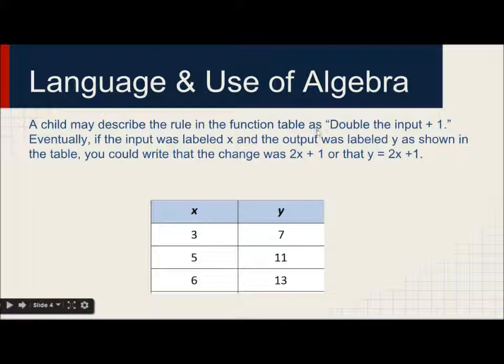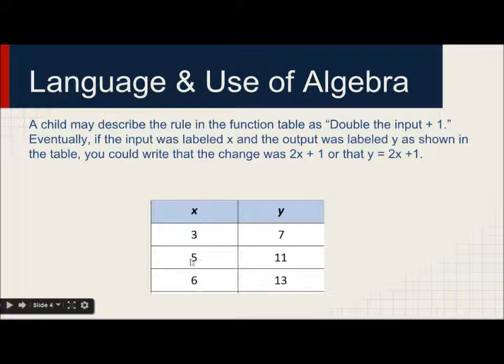So, converting the words into an expression, double the input: let the input be x, and double the input means 2 times x, plus 1. So we can write y is equal to 2x plus 1.